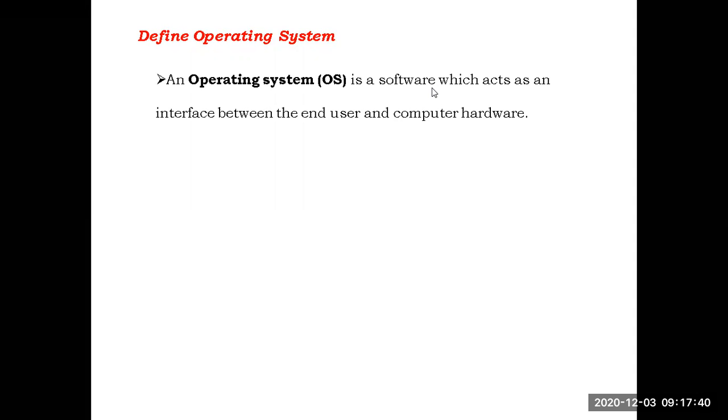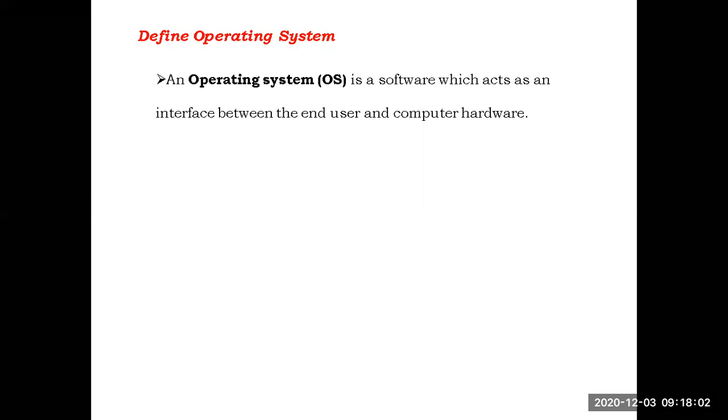Okay, see the definition of this one. An operating system is a system software which acts as an interface between the end user and the computer hardware. End user means we are the end users. Who are using computers are called end users. Who are using mobiles are called end users. మన మొబైల్స్ వాడేవాళ్ళు కానీ కంప్యూటర్స్, ల్యాప్టాప్స్ వాడేవాళ్ళందరినీ ఎండ్ యూజర్స్ అంటాము.